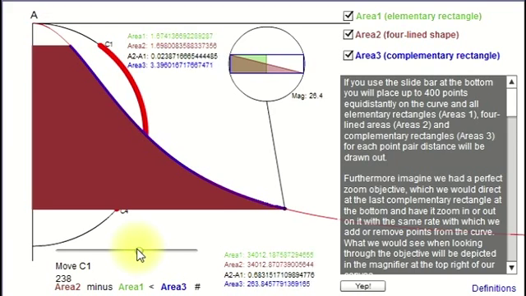But what is remaining is the principle, the relationship between the areas involved, namely the elementary rectangle, the quadrilinear shape, and the complementary rectangle. So the relationship stays intact, that the difference between the red and the green area is always going to be smaller than the area of the complementary rectangle.